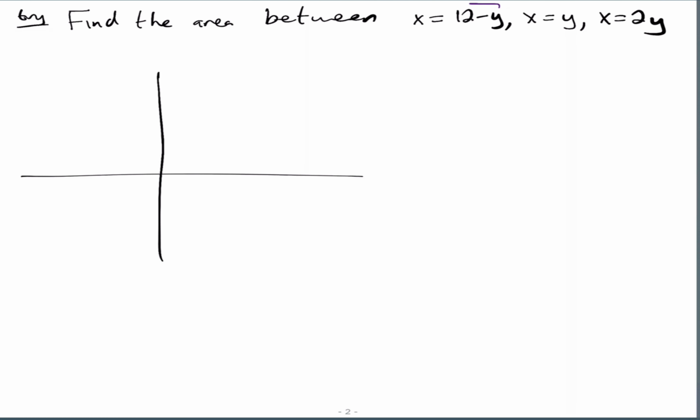So x equals 12 minus y. So let's see. What would be, so 0 at 12 on the x-axis. So x equals 12, y equals 0. That's 1 point.